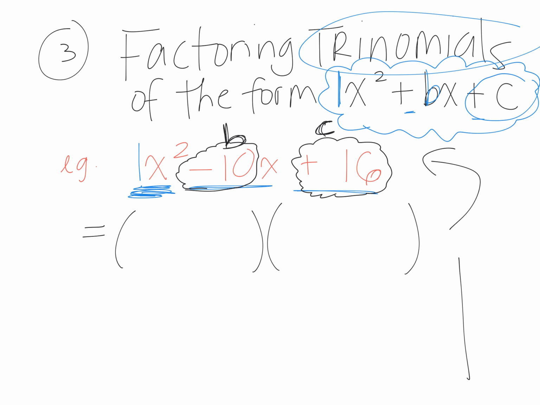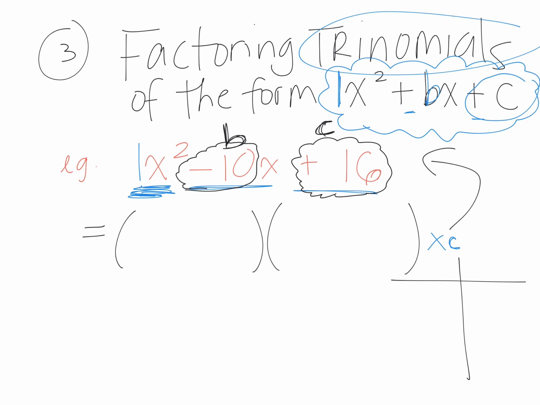So what we're doing is, I want you to draw this chart here. This is one way we can do this. We're looking for two numbers, pay attention, that multiply together to give us C. So we're trying to figure out what are the factors of C. What is C?